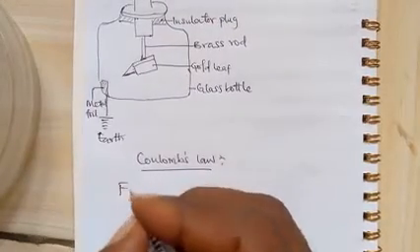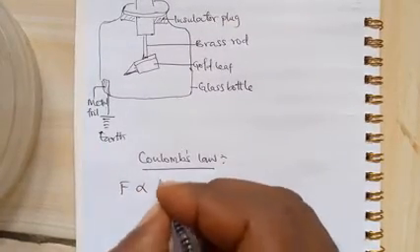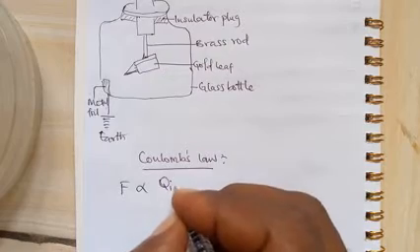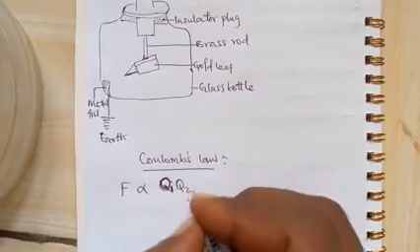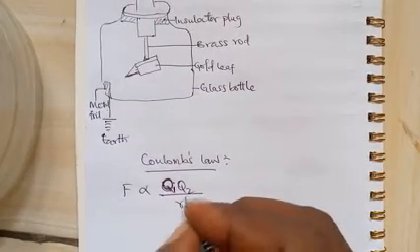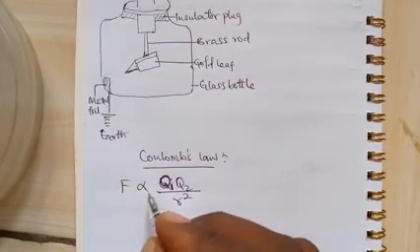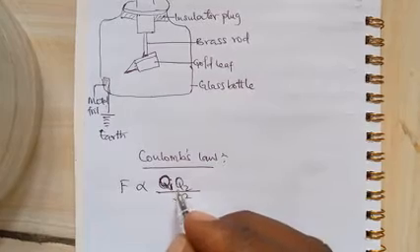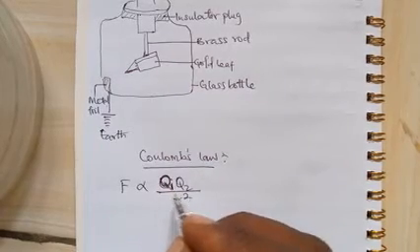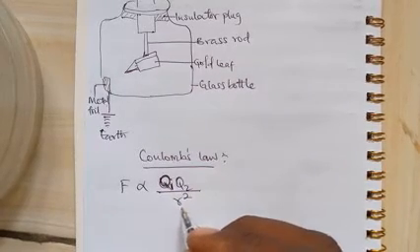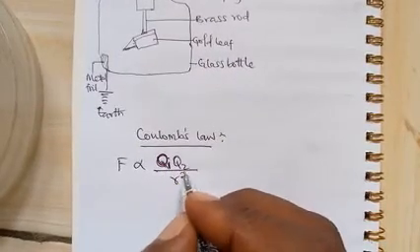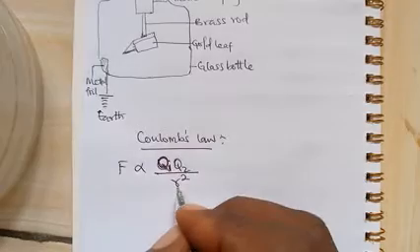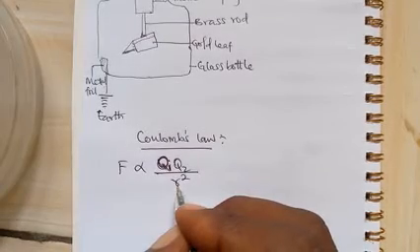Mathematically, F is directly proportional to Q1 Q2 over R squared. So it is directly proportional to the product of those two charges, then inversely proportional to the square of the distance. Q1 is the test charge, Q2 is the unknown charge, and R squared is the distance between them.